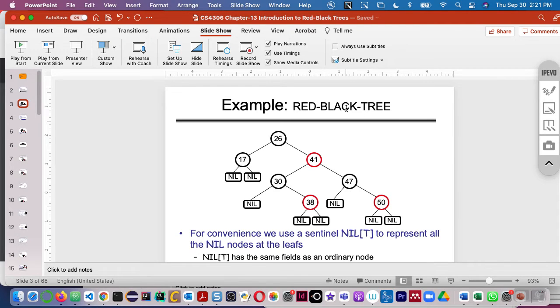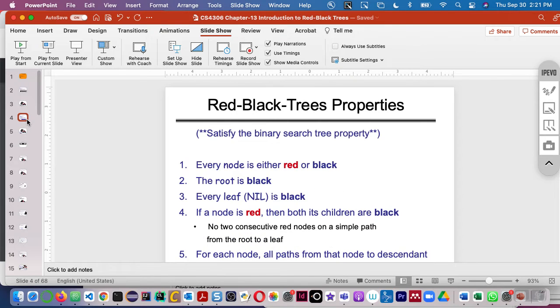But in a red black tree it holds another extra property, that is the color of each node. It contains an extra property, so it takes some extra memory. Then the color must be either red or black, nothing else.